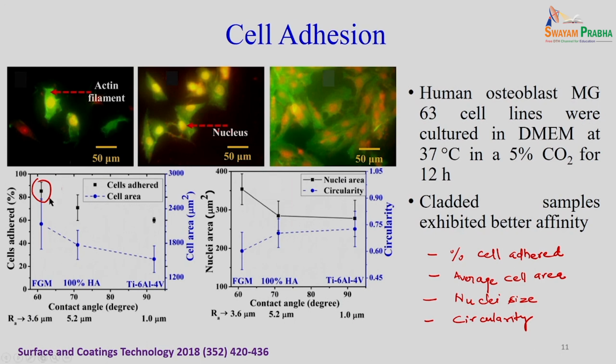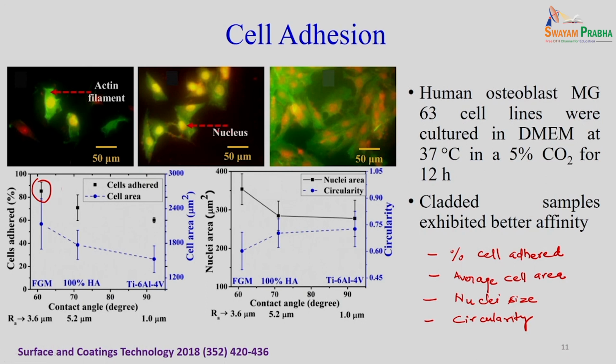where we observe the highest adsorbed protein. So, what it says is after the coating or deposition of the calcium phosphate, we also observed an enhancement in the protein adsorption, as well as an increase in the cell adhesion. Similarly, the cell area is also increasing, it means cells are also growing better on the coated surface as compared to the uncoated surface.